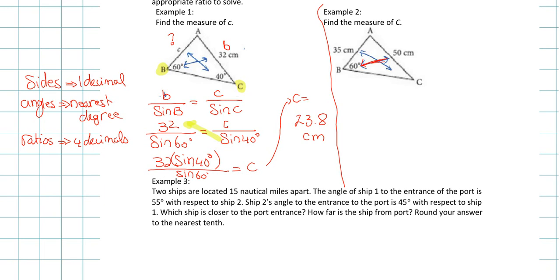Okay? So, in this case, since I have an angle and its opposite side, and I'm looking for an angle opposite a side, I can use sine law. Now, because I'm looking for an angle, which law am I going to use? Which one of the two? The first one.